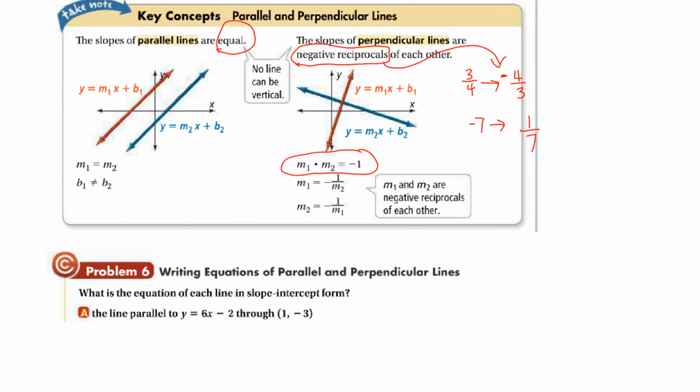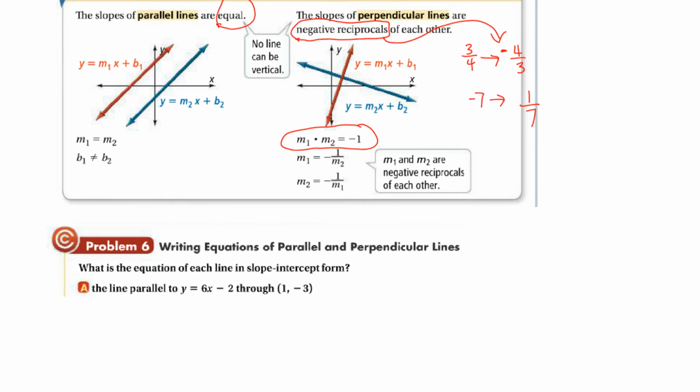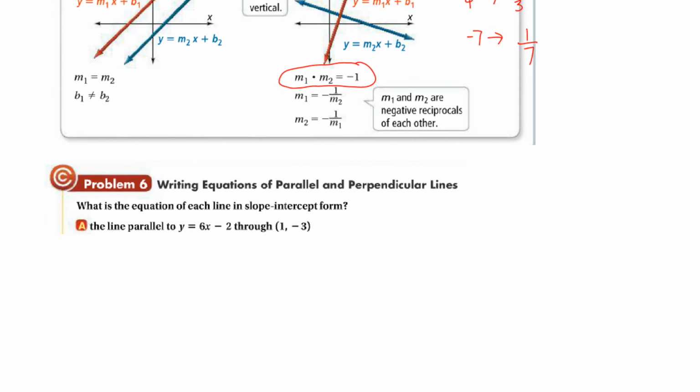Now we're going to look here at problem 6. We're going to write an equation of a line in slope-intercept form first that's parallel to y equals 6x minus 2 and goes through the point (1, negative 3). Well, first, if it's parallel, I know my slopes are equal.